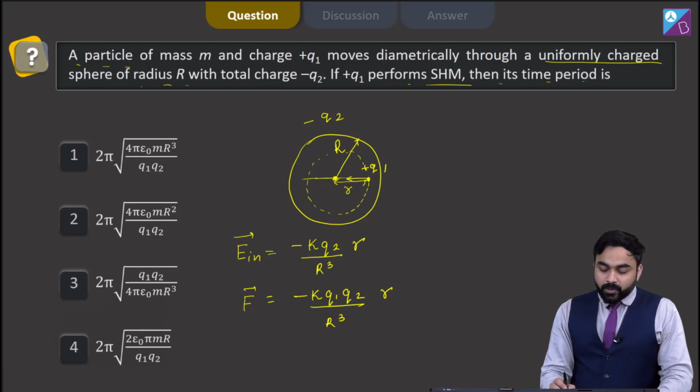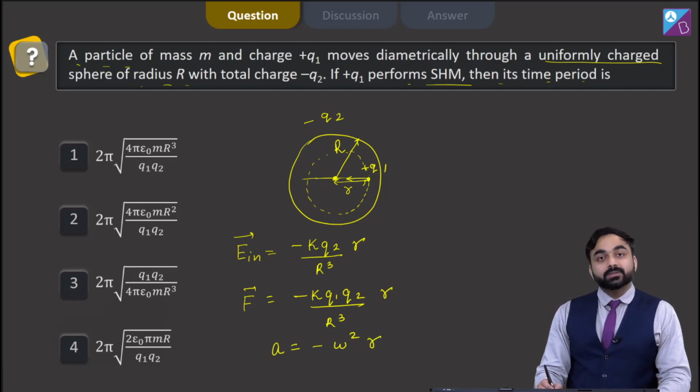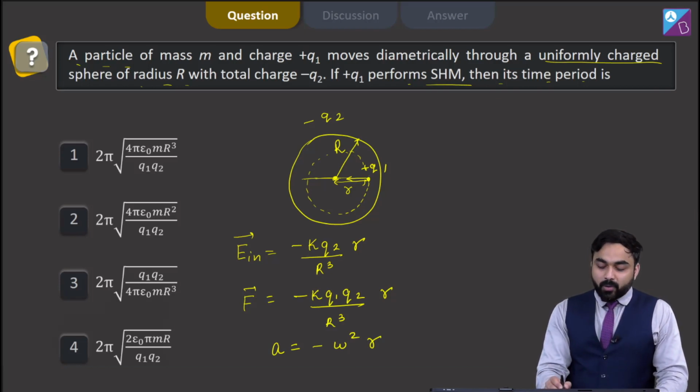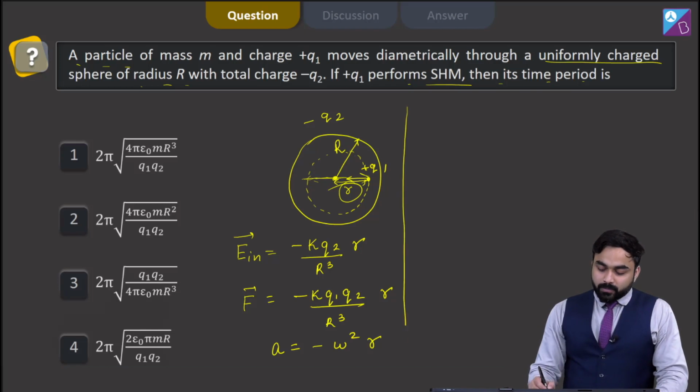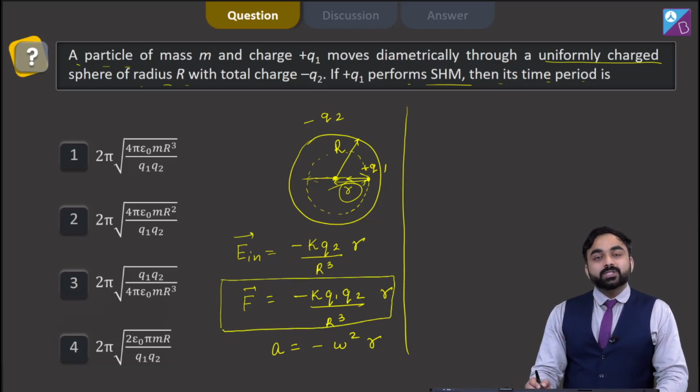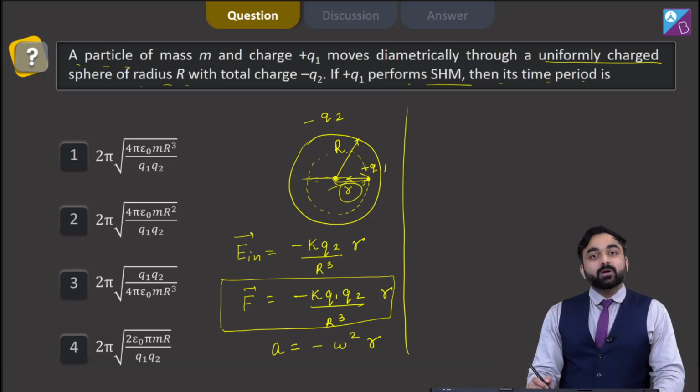Now we know as the charged particle plus q1 is performing simple harmonic motion, therefore acceleration can be written as minus omega square into r, correct? Clear, students? Now as this particular force of attraction between q1 charge and q2 charge is responsible for the acceleration of q1 charge, therefore what we can write?